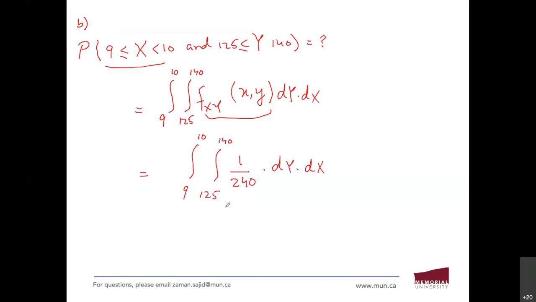Now the same procedure as I did before: this is a constant, it will come out of your integrals. And once you solve this, you get 0.0625. This is the answer of your part B.